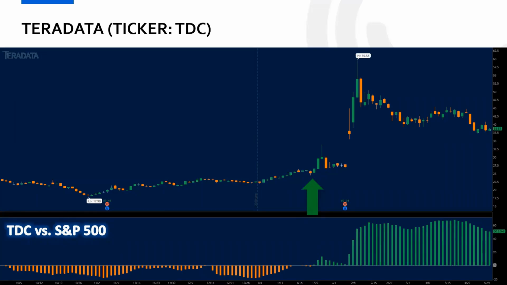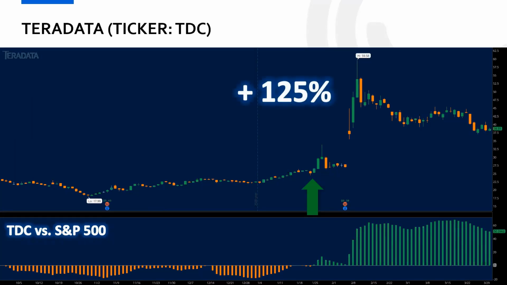It was going up through the roof, right? That was a great year for the stock market. So wouldn't it make sense to try to find opportunities that are outperforming a benchmark index that is already doing well? Well, that's what this particular relative strength formula found. Towards the end of January, it changed from underperforming to overperforming, as you see from the red to green histogram. And Teradata goes up 125% in just a couple of weeks.